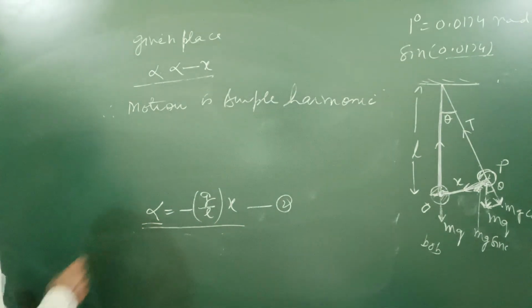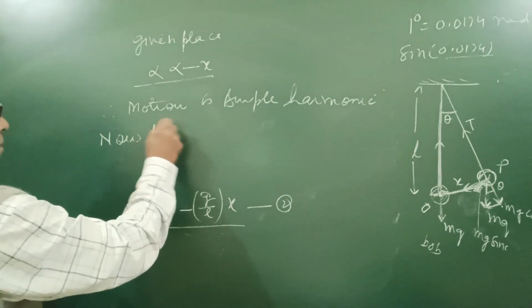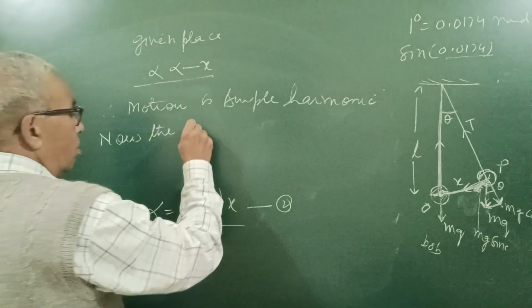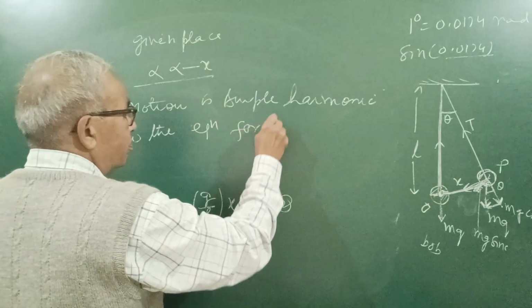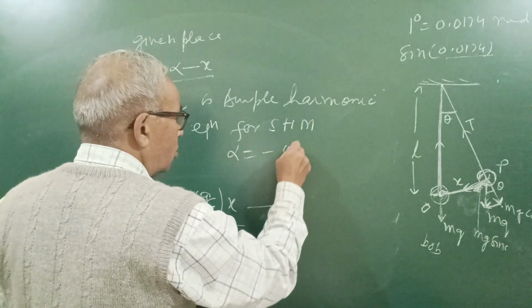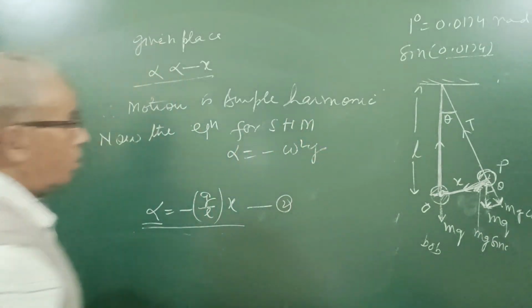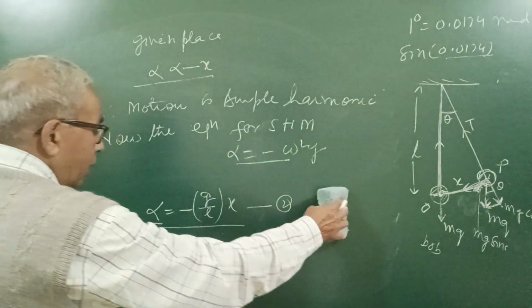Now the equation for SHM is alpha equal to minus omega square x. If we compare this and this, what do we get?